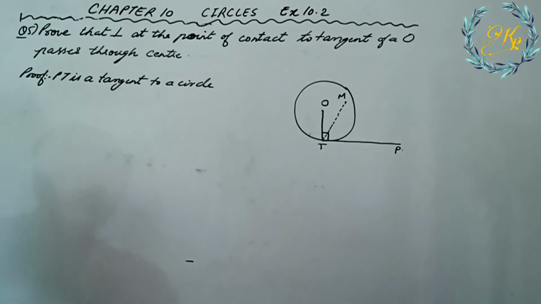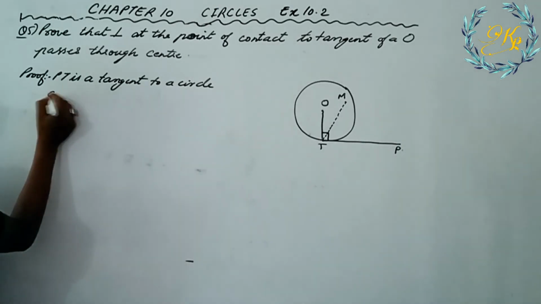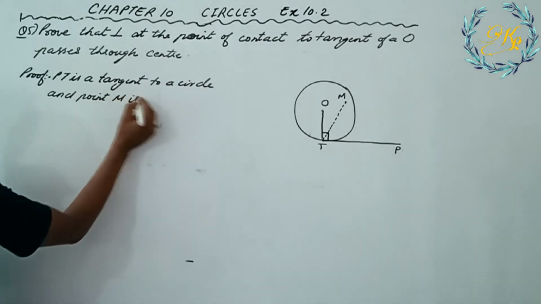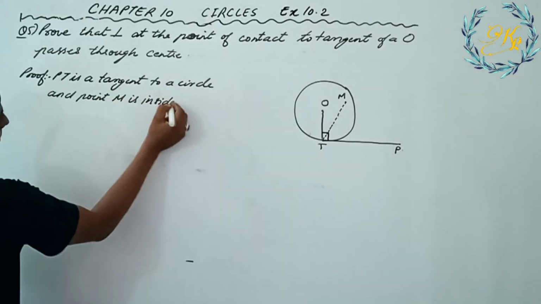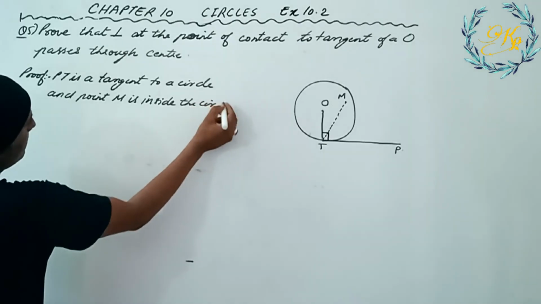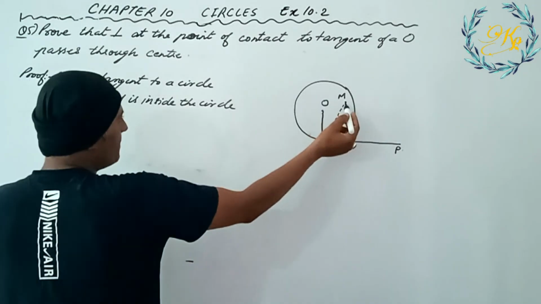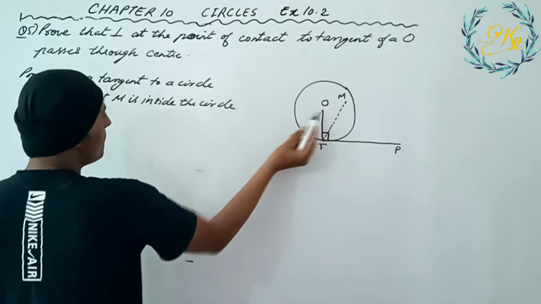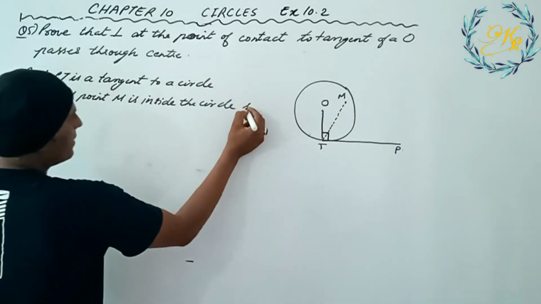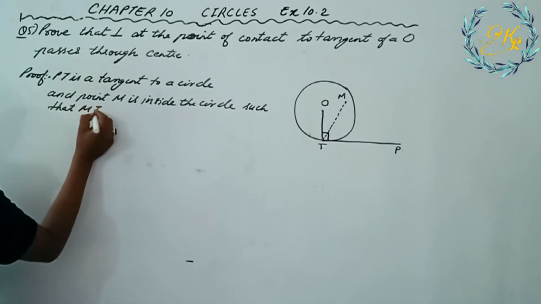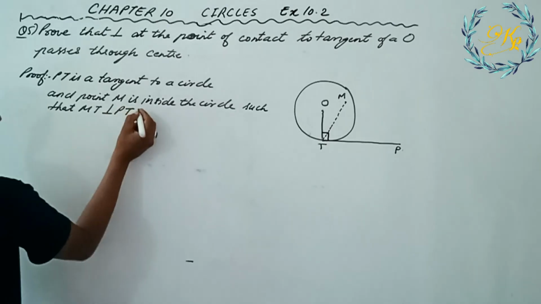Okay, and point M is inside the circle. Now suppose this point M was here at point O. Okay, so you write here circle such that MT is perpendicular to PT.